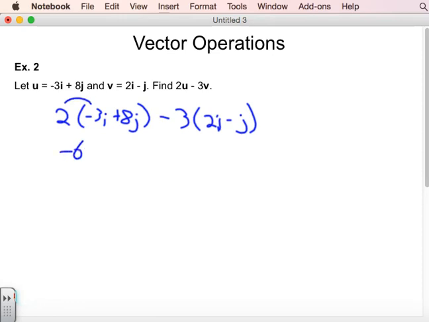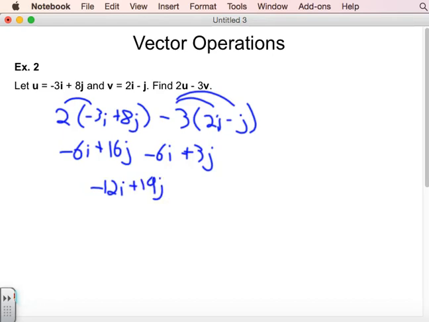2 times negative 3 is negative 6i, 2 times 8 is 16j. And you've got minus 3 times 2i, so that's minus 6i, and minus 3 times minus j is plus 3j. Now you just combine like terms. Negative 6i minus 6i is negative 12i, 16j and 3j is 19j. Okay, so that would be your answer.